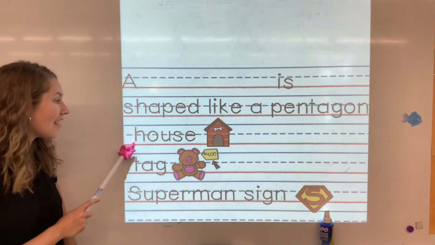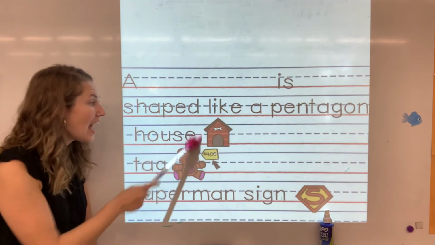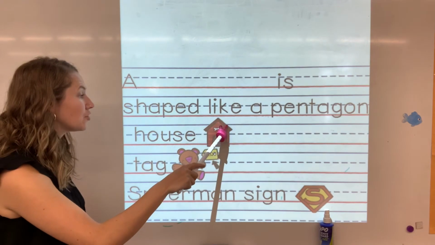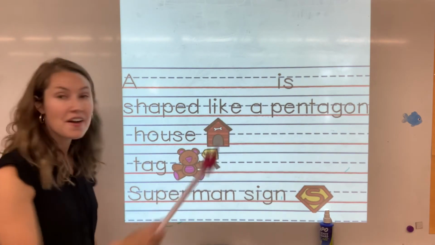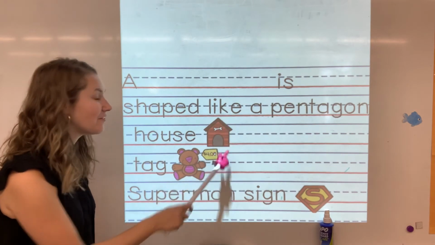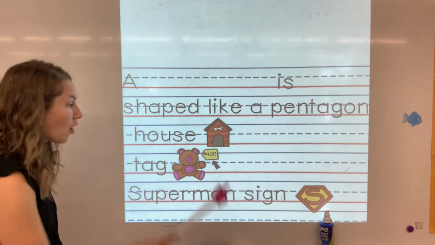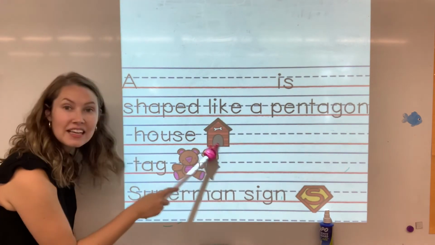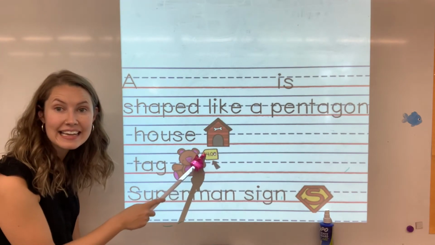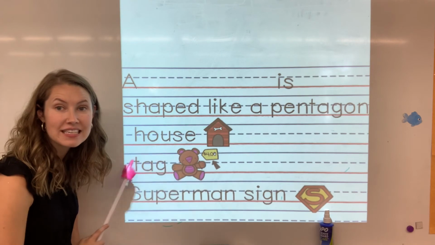So here we have a house. Houses are shaped like pentagons. They have 1, 2, 3, 4, 5 sides and 1, 2, 3, 4, 5 points. Ooh, a tag. Like on your clothes or on your toys, a tag. See the arrows pointing to it.